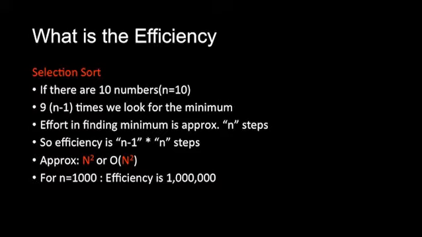So efficiency is n minus 1 into n steps, approximately n square or the order of n square. For n is equal to 1000, efficiency is 1 million.